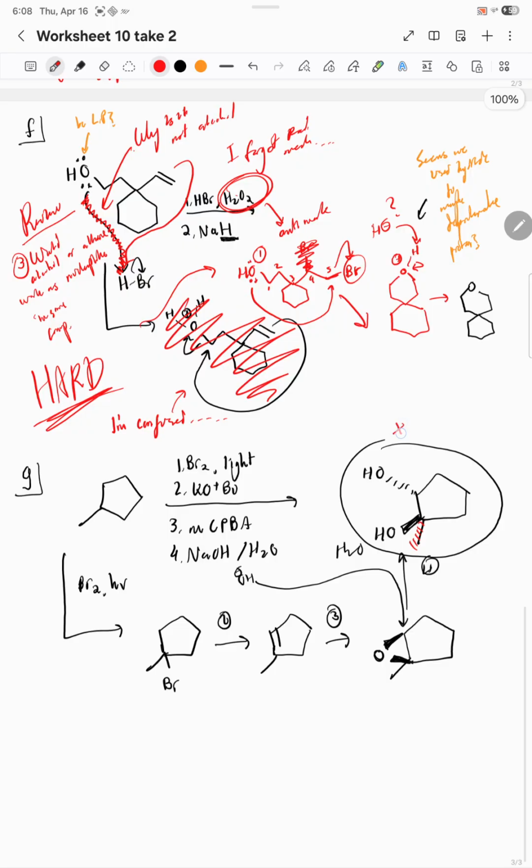But we get the enantiomer, meaning we get this as well, with OH and OH. This is our other possibility. And that is correct. The gist of it seems correct.